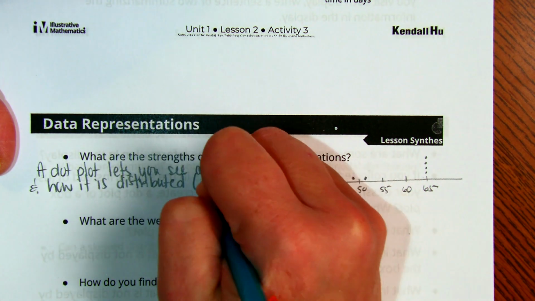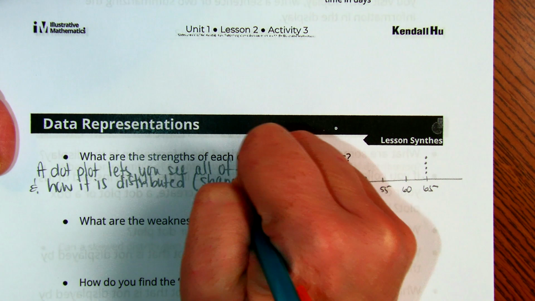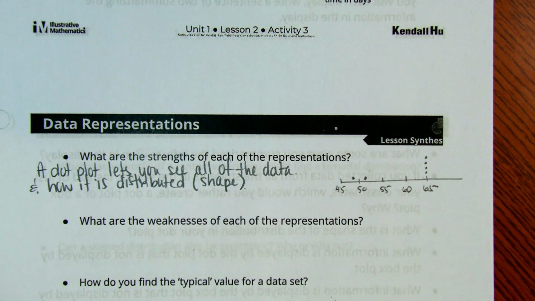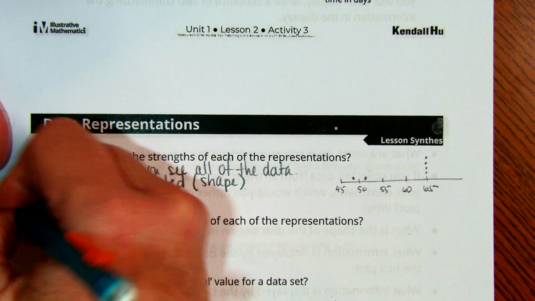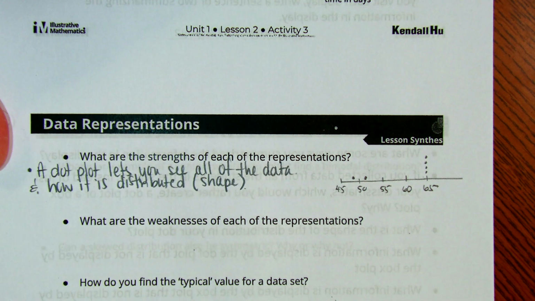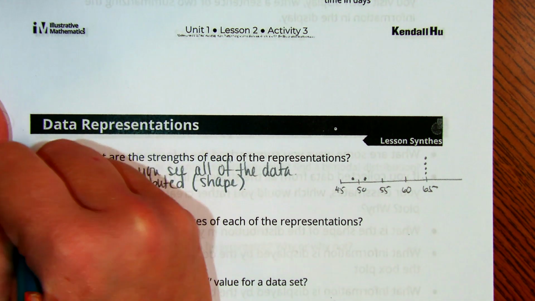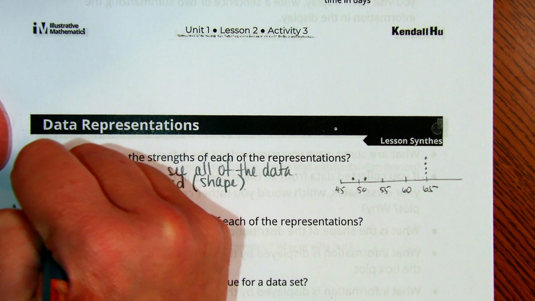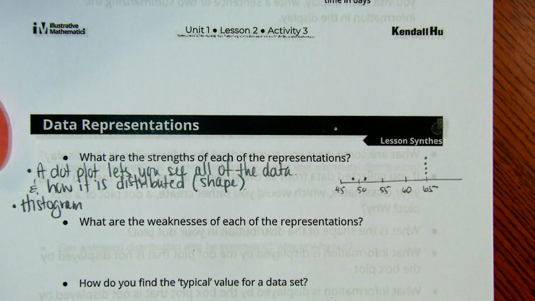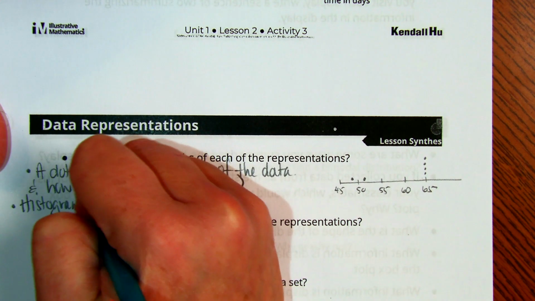So think of, when I say how it is distributed, think of the shape of it. And we'll talk more about that in a later lesson. So that's a strength. A histogram summarizes the data into intervals.